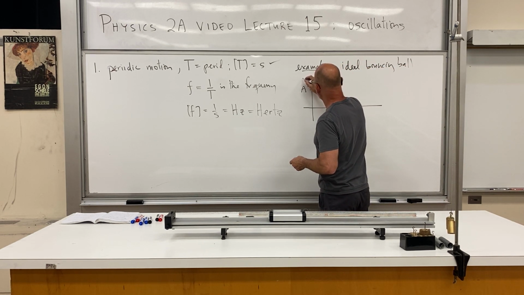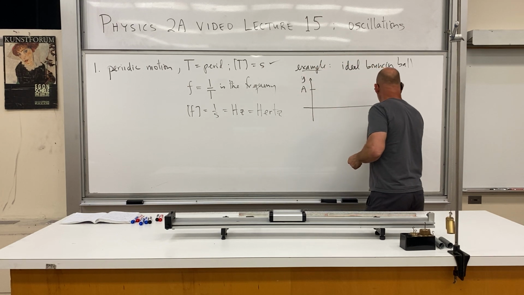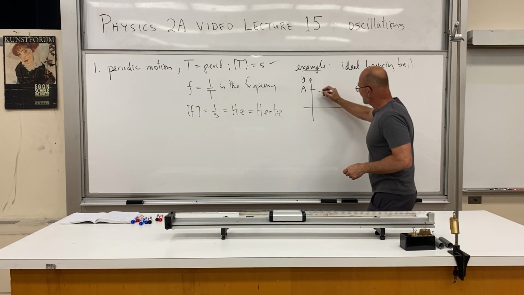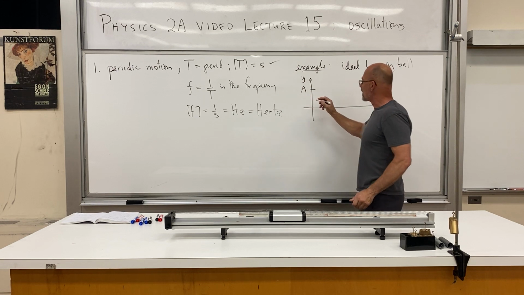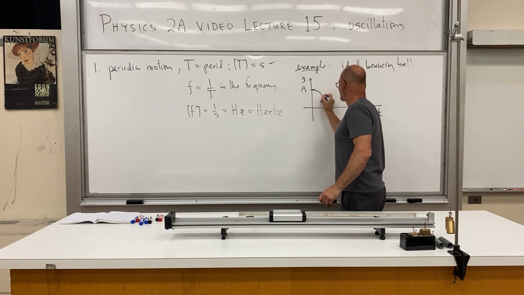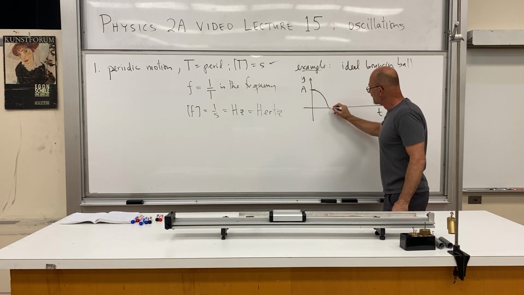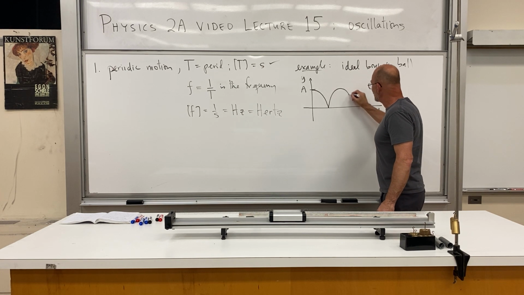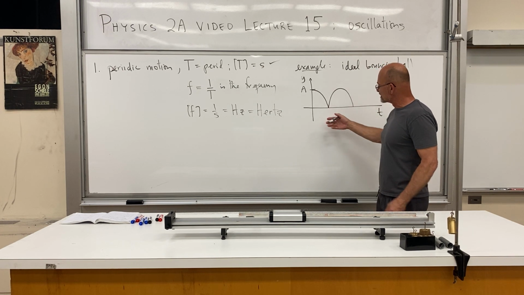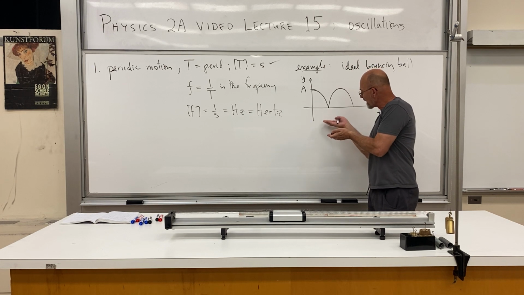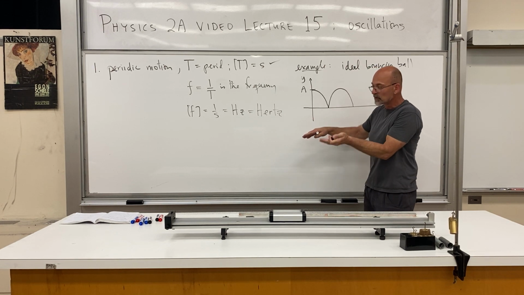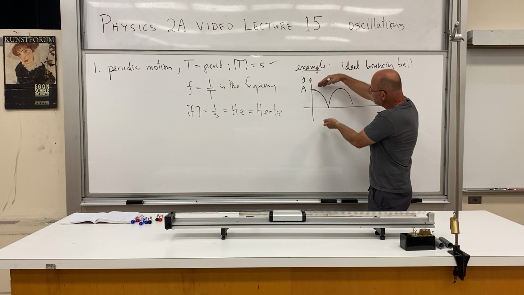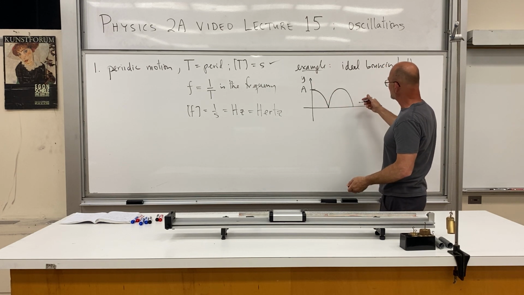Let's call this the y-axis. Let's call this the t-axis. And we know that if we just drop a ball, the law of free fall says we've got this parabolic curve there, except it rebounds. And when it rebounds, it's as though it were thrown from the ground or from the surface with the speed that it hit with, tops out and goes back again.